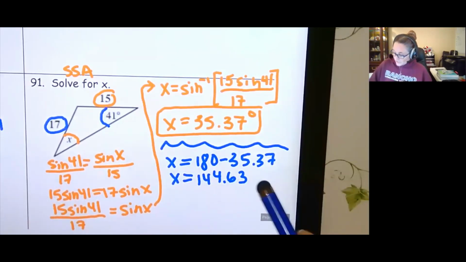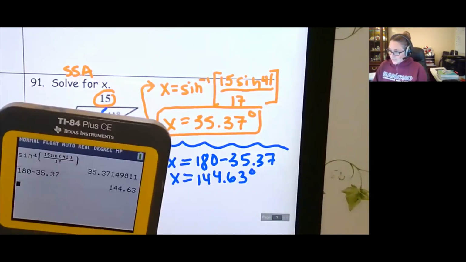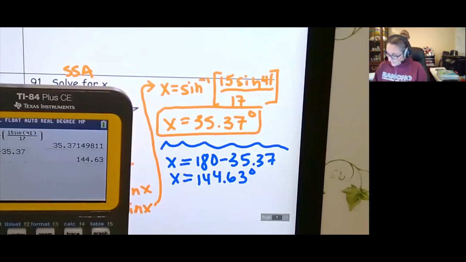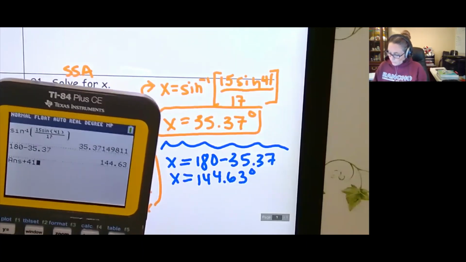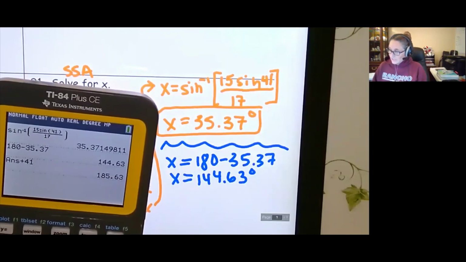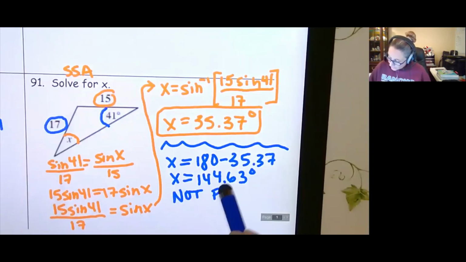Now, what I need to check and make sure is that this triangle is possible. So can I add the other angle I know, which is 41, and am I going to get something less than 180? No. So the second triangle is not possible.